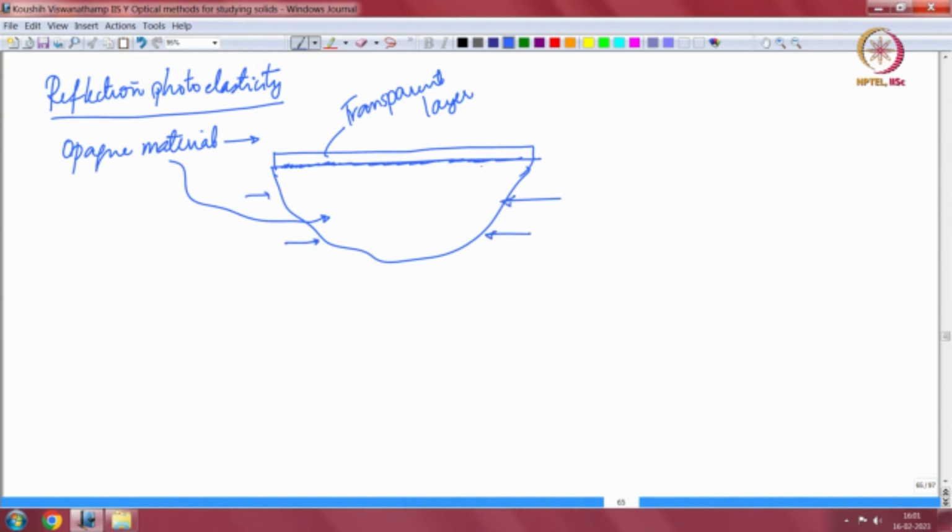If the bonding is perfect then there is no net slip or displacement difference between the two interfaces. So, all the load over here is being transmitted to this coating and it is being squeezed, right.